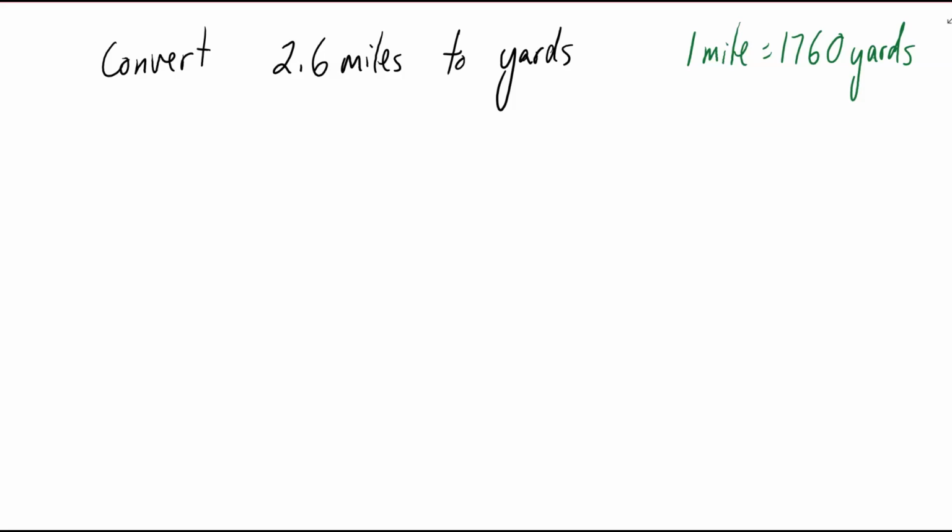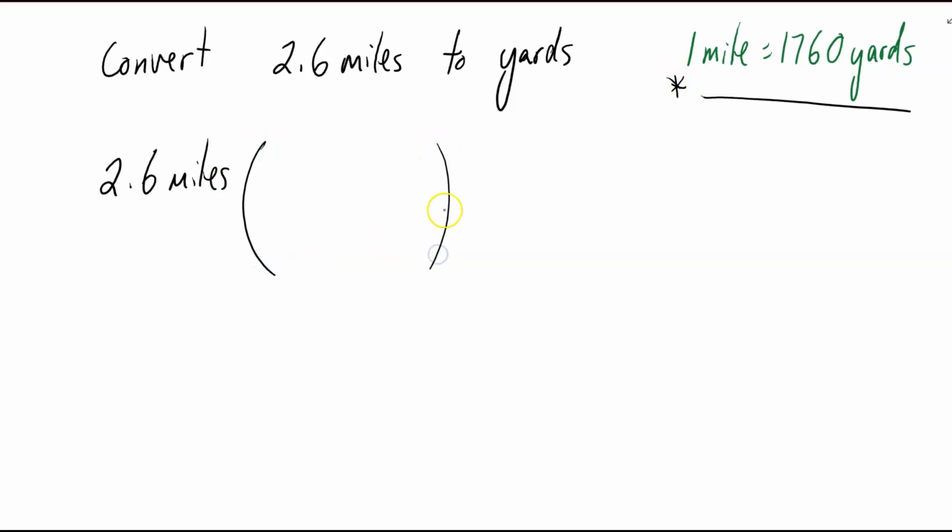I've given you the relationship between miles and yards. All right, so I'm converting 2.6 miles. I would like to use the relationship given in my unit fraction, and my goal is to cancel miles and leave it in yards.